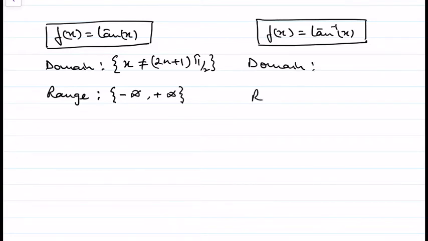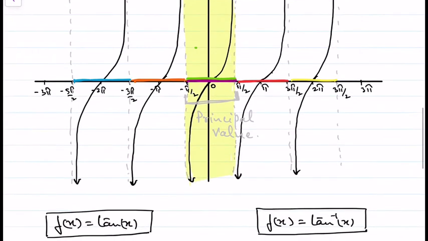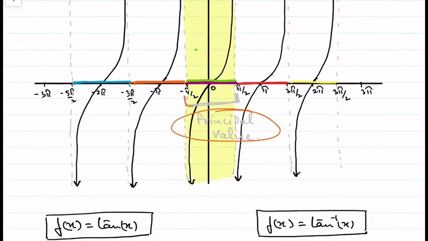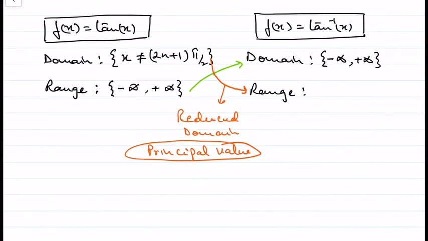So the range for the function f(x) = tan x will be the domain for tan inverse x, that is minus infinity to plus infinity, and the reduced domain or the principal value, that is from minus pi by 2 to plus pi by 2, will be the range for tan inverse x.